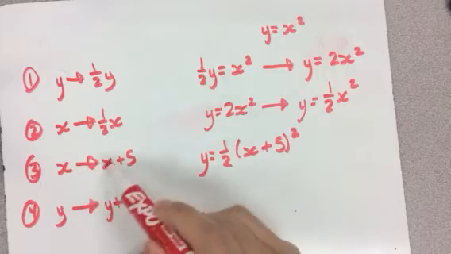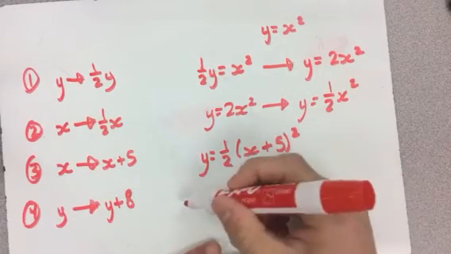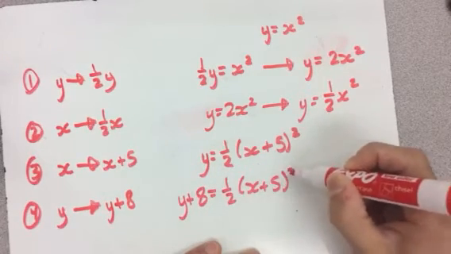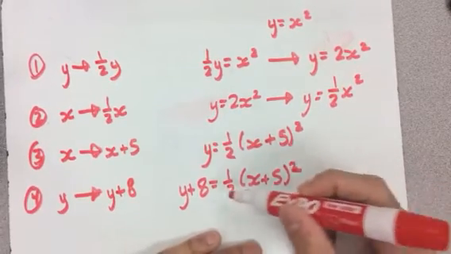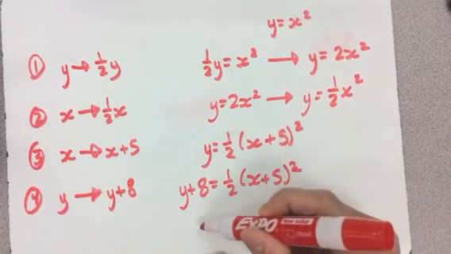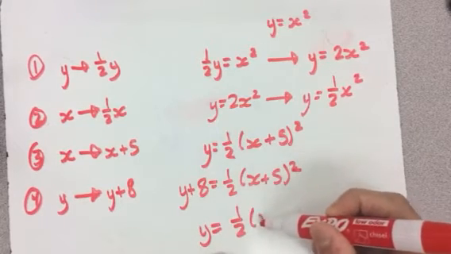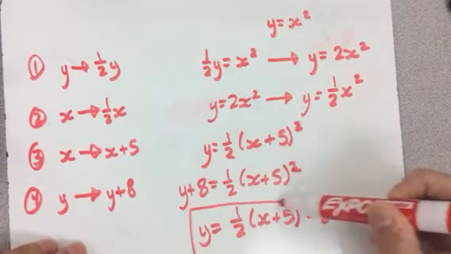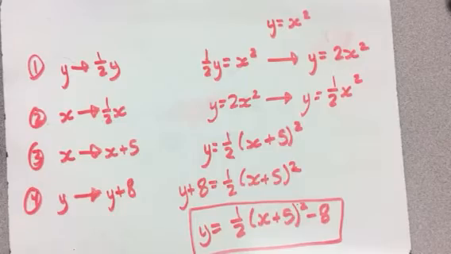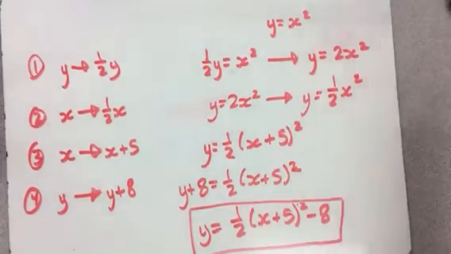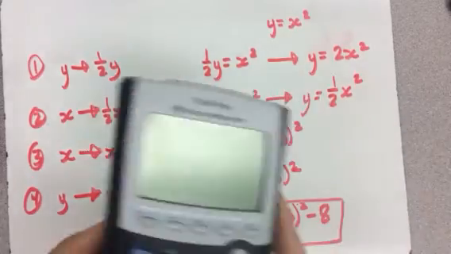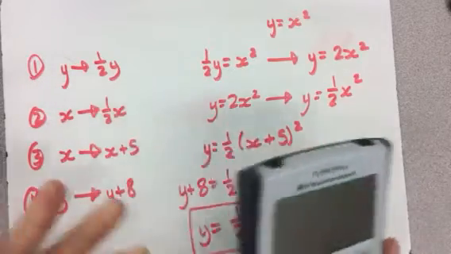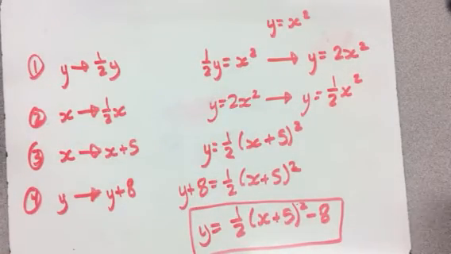I just replaced x with x plus 5. And my last transformation is y plus 8 equals 1/2 (x plus 5) squared. If I bring this 8 to the other side, I'll have y is equal to 1/2 (x plus 5) squared minus 8. And that is the final transformation that I'll be working with. Now, the last question for this example is to graph this final equation in your graphing calculator. That's something that you can easily do, and I'll leave that with you.